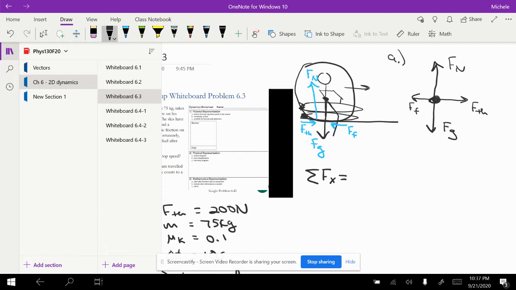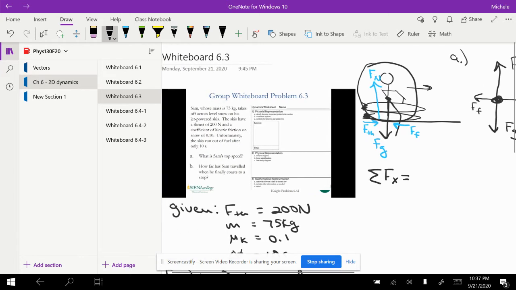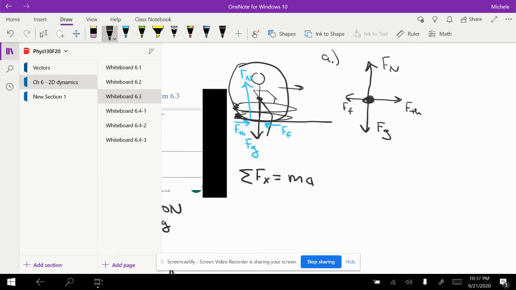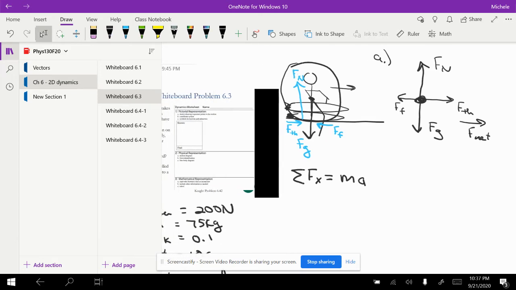And we know that he's not moving at a constant speed, that he is speeding up because he has this thrust that's helping him to get along the snow. So we know that there's a net force here. We'll draw that on the free body diagram. This is F net.